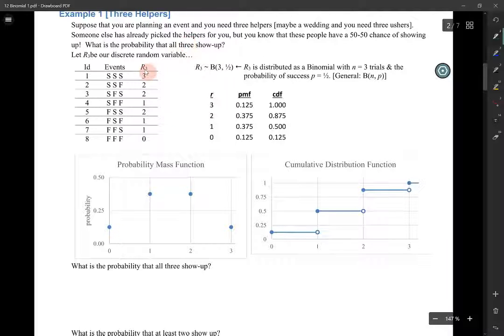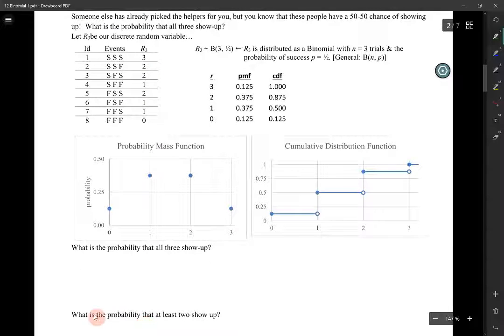So there's three people, and they each have a 50-50 chance of showing up, and R3 is going to be the number that successfully show up. Okay? So we need to translate this into the mathematical language so that we can use the tools. So how do we get started?